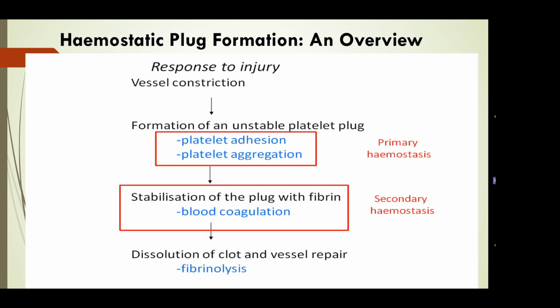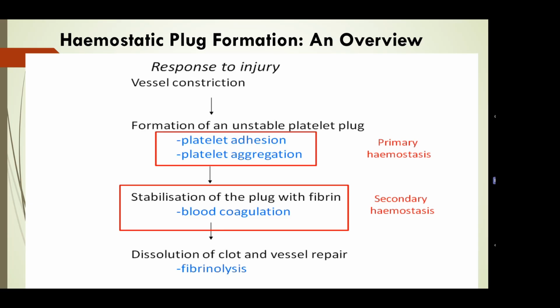So as you can see here, this is a summary and overview of the coagulation mechanism. We said that the coagulation mechanism is broadly divided into the primary and secondary hemostatic mechanisms. We also have fibrinolysis as part of the overall coagulation mechanism. So we have the response to injury, first vasoconstriction, which is part of the primary hemostatic mechanism.